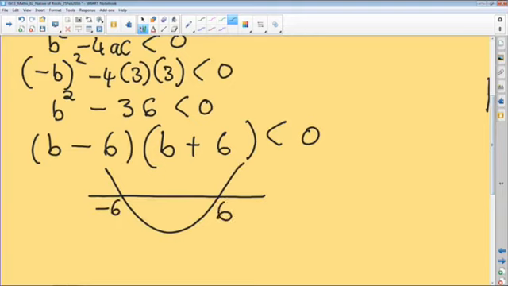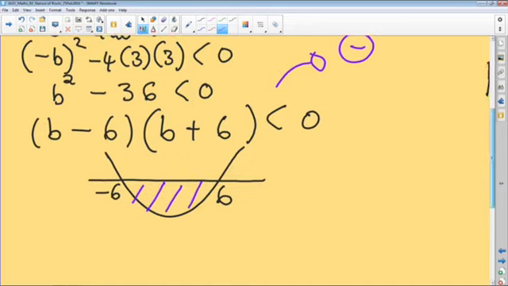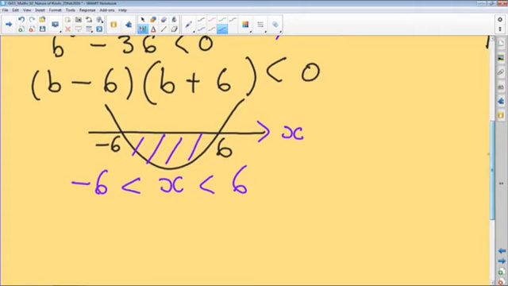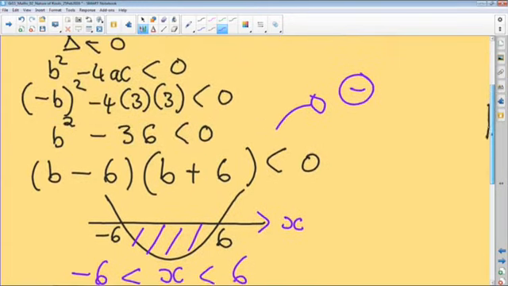But it's below, remember with your inequalities, it's negative, it's below your x-axis. So you're reading off your solution below the x-axis. So your b should be between minus 6 and 6 for you to be able to have the roots that are non-real.